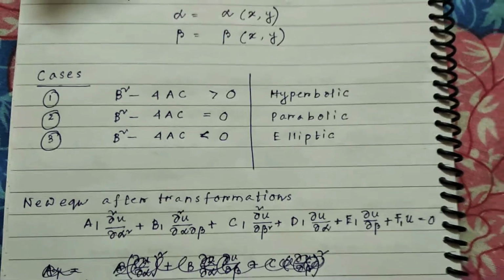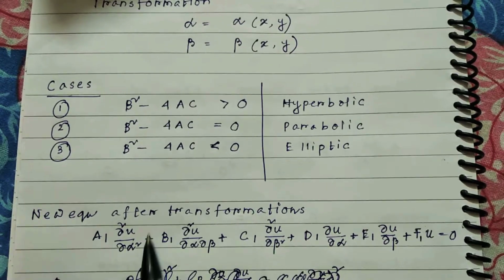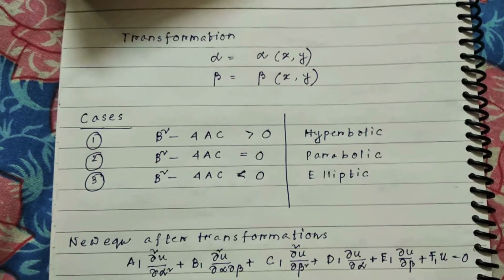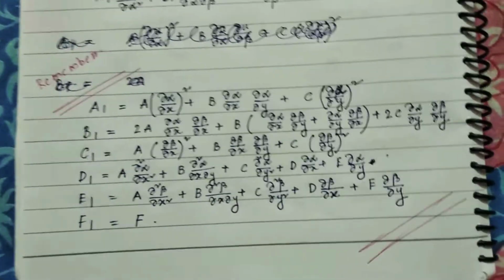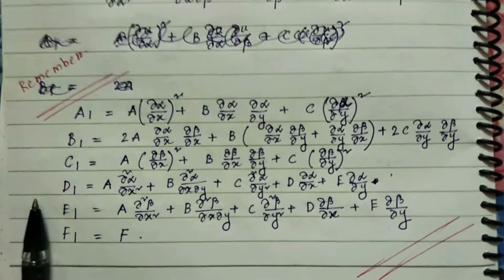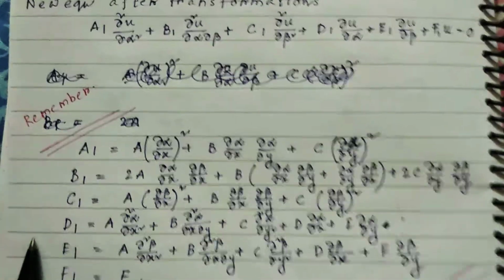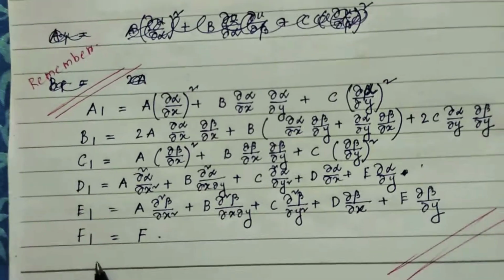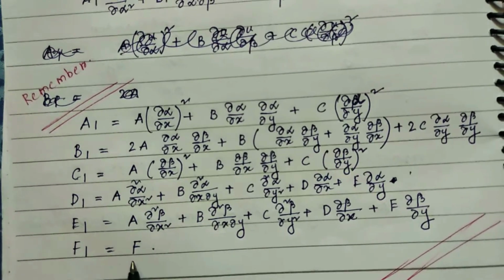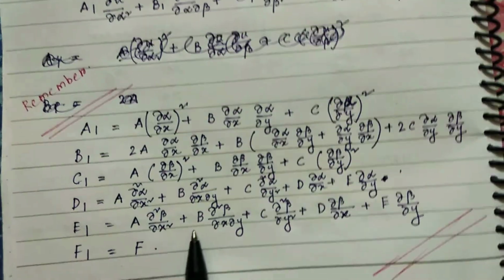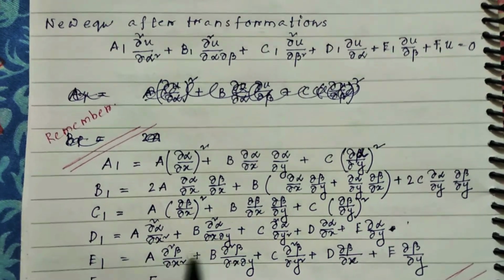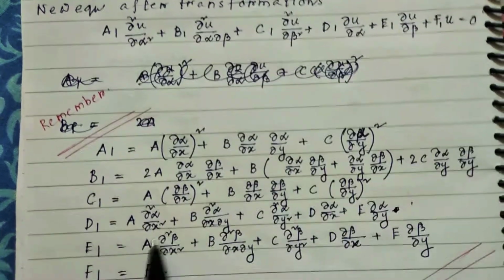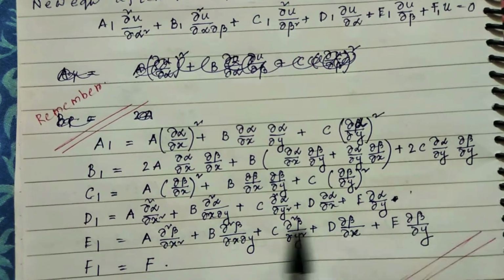If you want to know the relation between these new constants and the old constants a, b, c, d, e, f, you have to memorize this relation for doing problems. It seems a little awkward at first, but not that awkward if you observe carefully. f1 is the same as f. e1 is the whole equation in terms of alpha and beta.